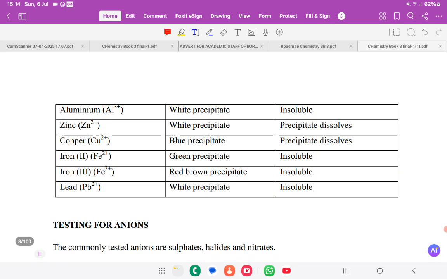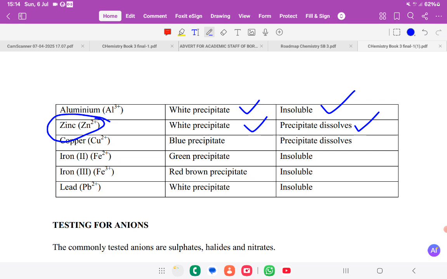If the solution contains aluminium ions, again a white precipitate is formed, and upon adding extra ammonia solution, the precipitate remains in the solution. If the solution contains zinc ions, then a white precipitate is also seen, but upon adding more ammonia, the precipitate is going to dissolve, it's going to disappear.